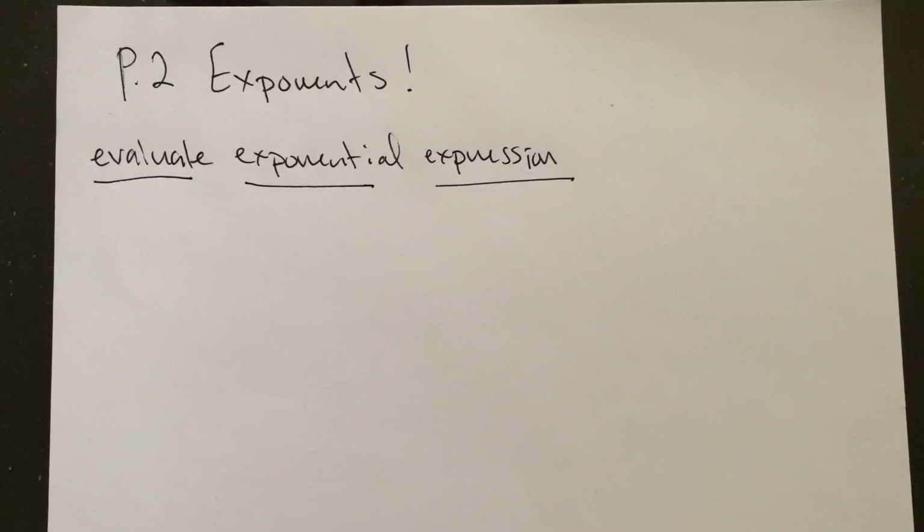All right. Welcome back. This is section P2, so the sort of prerequisite chapter, the second section. This is all about exponents, which I guess you can exclaim. We did some exponents in P1.